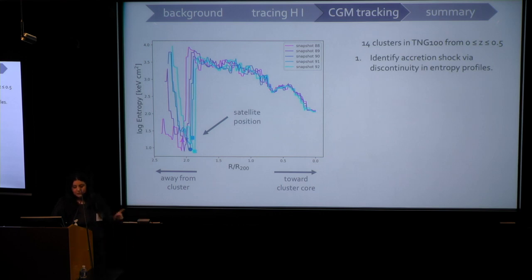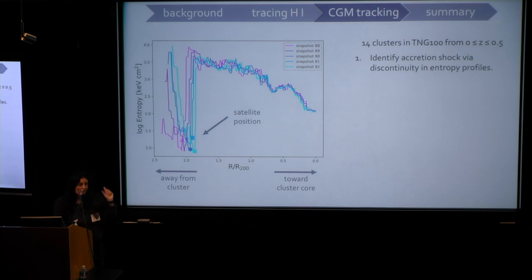So going from pink here, you can see it hasn't entered the accretion shock yet. This is entropy on the y-axis and the impact parameter R over R200 on the x-axis. As it gets closer towards the cluster core, you can see these values rising in entropy. That is it encountering the accretion shock, passing through the shock.